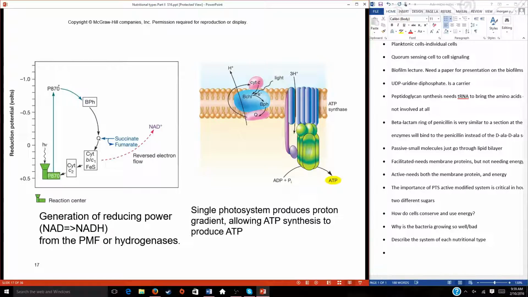That's the unfortunate part of the system that exists. So it has to have a reducing power, right? Remember, reducing power is what drives biosynthesis, metabolism. So if this guy can't do it by normal cycling, then what do you have to do? Well, it has to reverse the system.